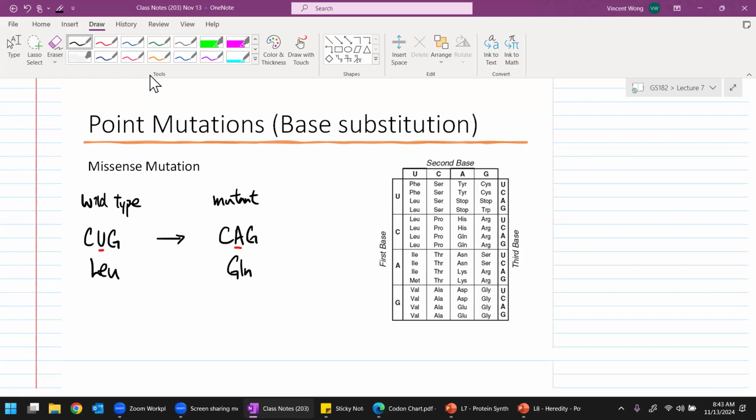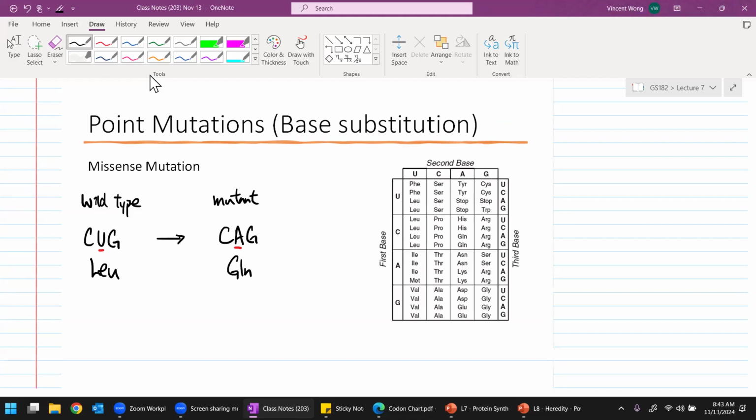Do you think this is bad for your protein? Bad? Not bad? Okay, here is a little secret. Whenever I ask you on a test or quiz, whether a mutation is bad or not, most of the time, the correct answer is: it depends.